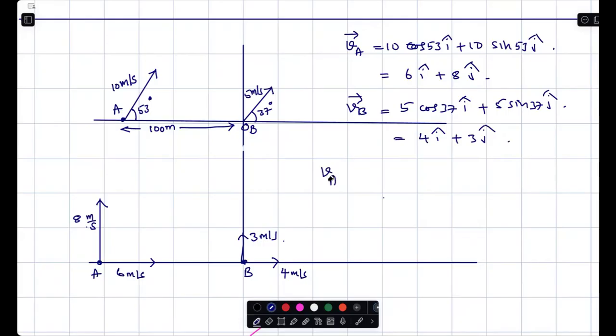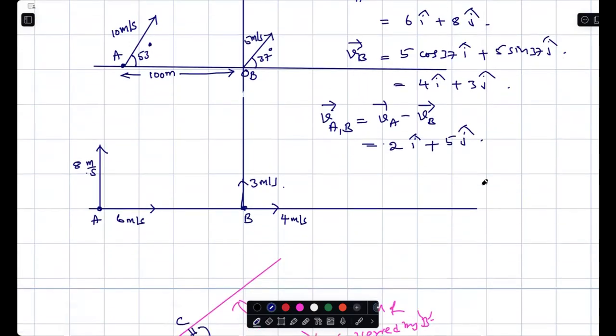First, velocity of A with respect to B is what you want, which is nothing but VA bar minus VB bar. This is nothing but 6 minus 4, 2 i cap, plus 8 minus 3, 5 j cap. I got VAB.